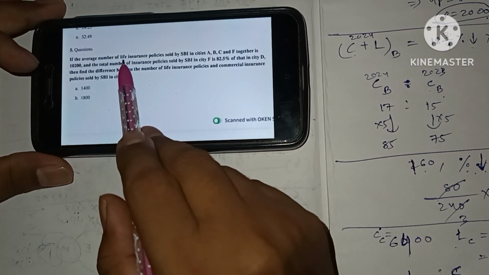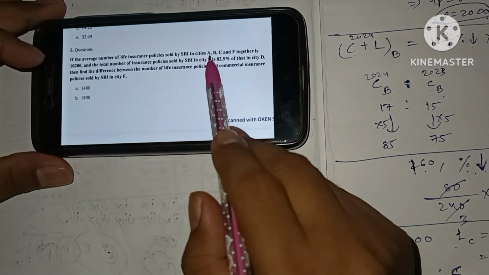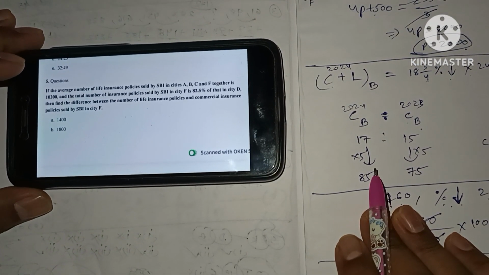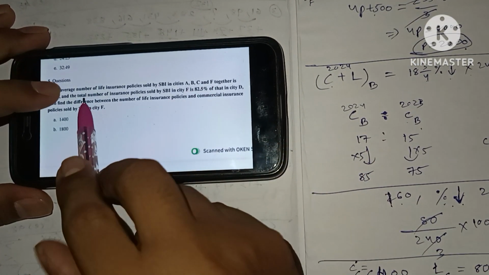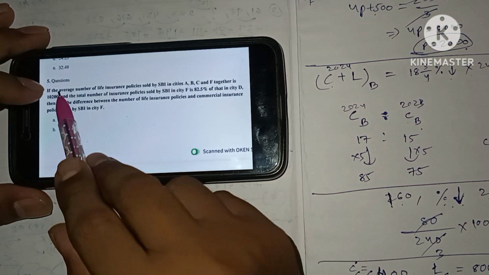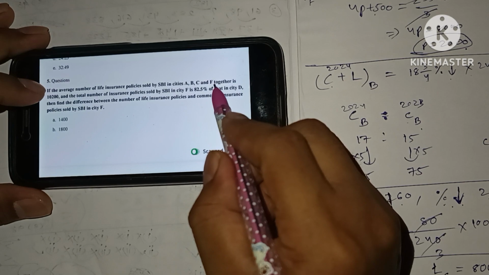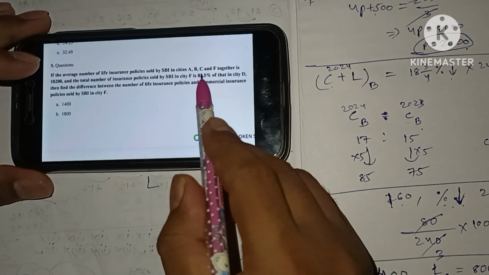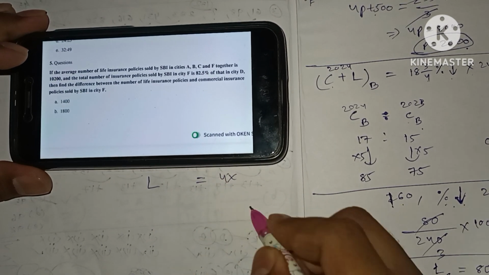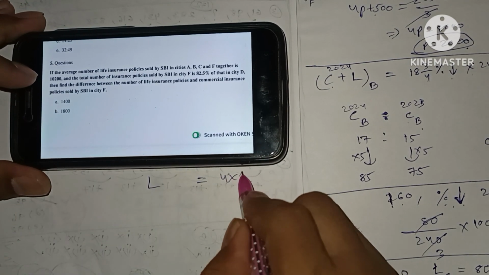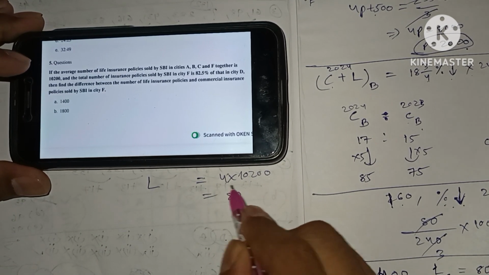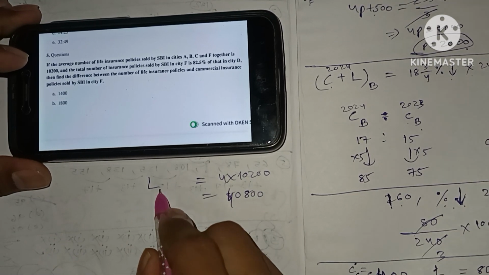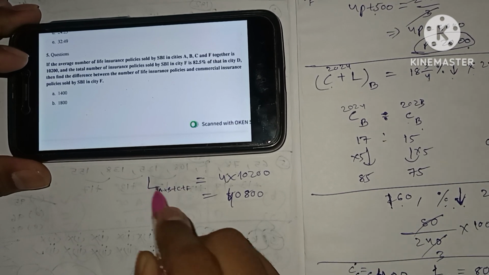If the average number of life insurance policies sold by cities A, B, C and F, but we don't know city F in our graph, so we need to find the value of F. Here it is given that the average number of life insurances, and we have 4 cities, so the total of A, B, C and F will be 4 into the given value, 10200, which is 40800.